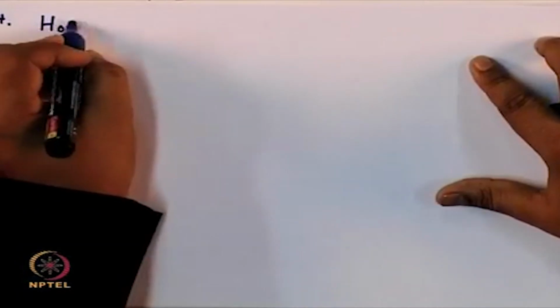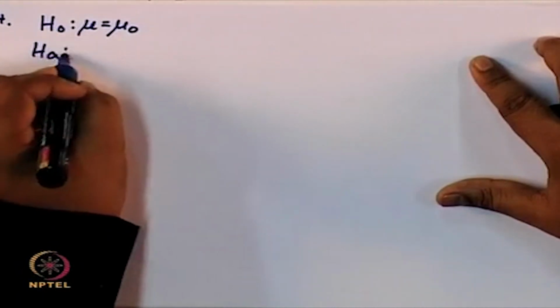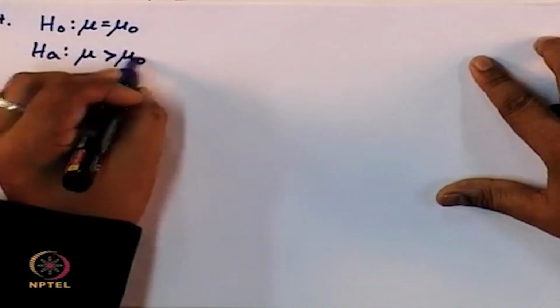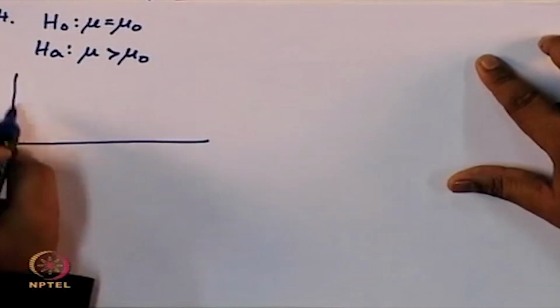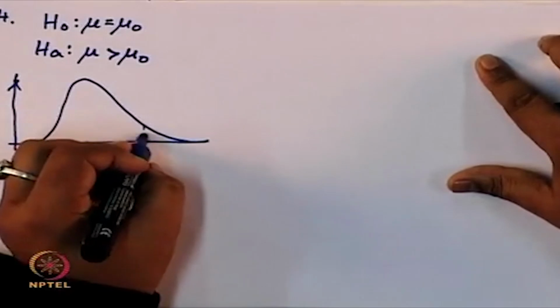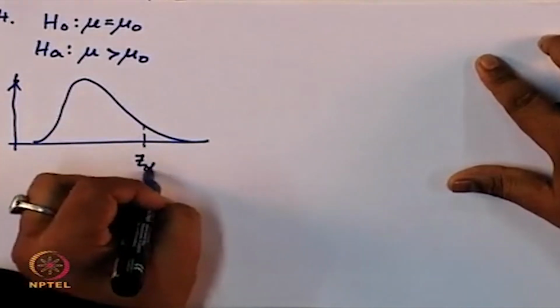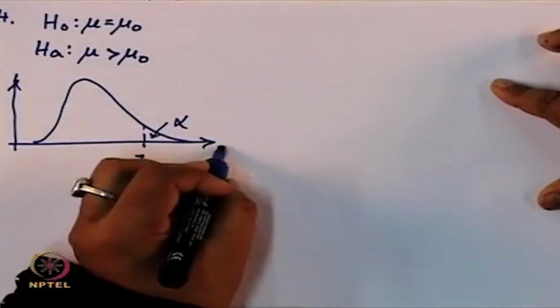Okay. So, for the one tail test, when do you calculate the one tail test? Let us say my H naught is mu equal to mu naught and H A is mu greater than mu naught. In that case, I label it as Z alpha, where alpha is the area under this curve.